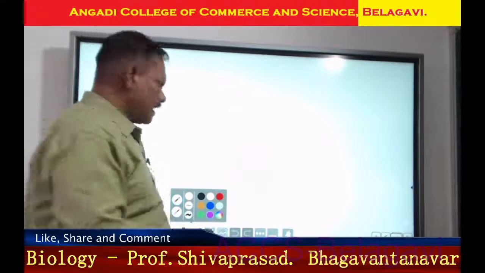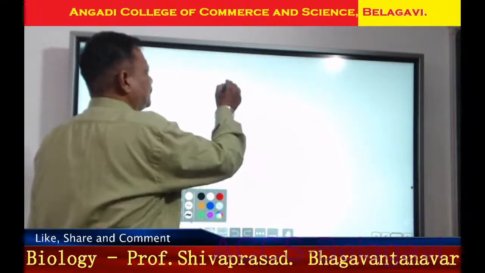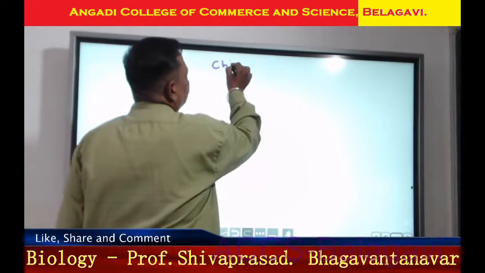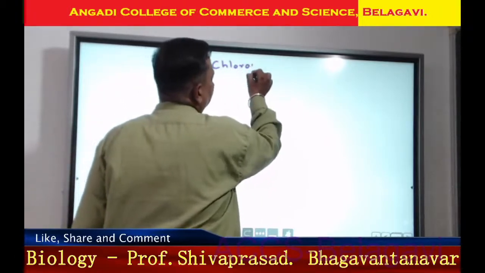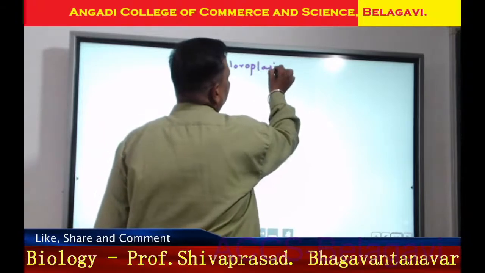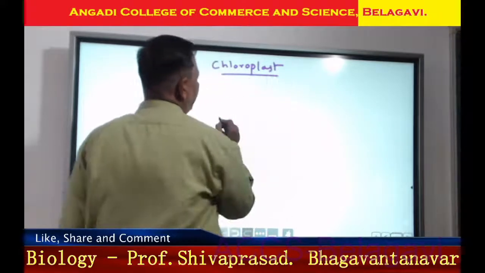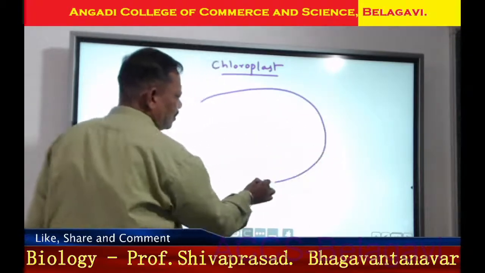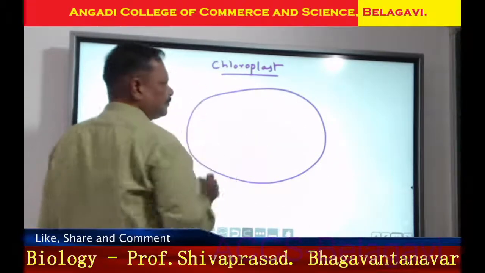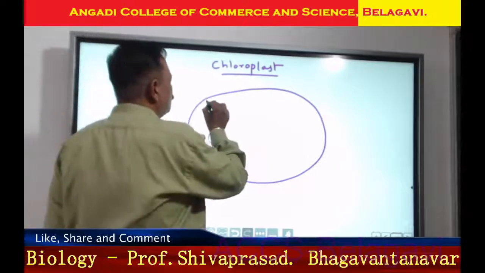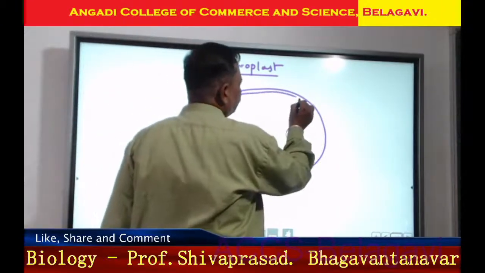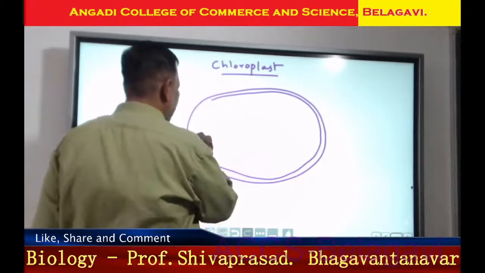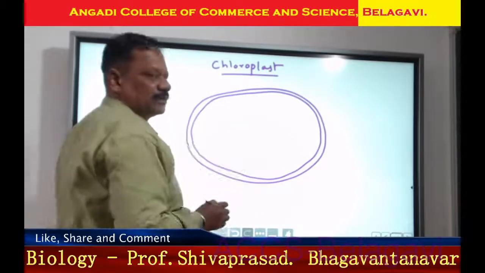When you take the general structure of the chloroplast, just see, it is oval or elliptical in shape and has a two-membrane structure, outer membrane as well as inner membrane.